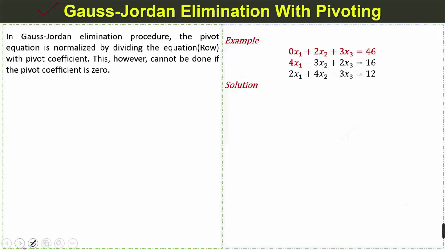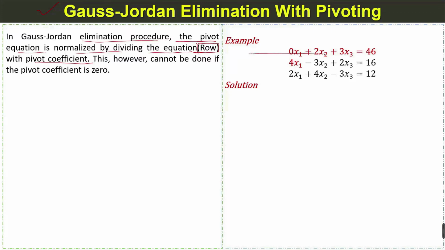In the Gauss-Jordan elimination procedure, the pivot equation is normalized by dividing the equation or row by the pivot coefficient. In the Gauss-Jordan elimination method, we have already learned about normalization. What is normalization?